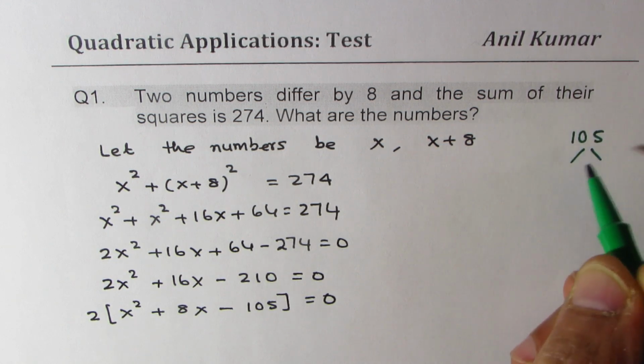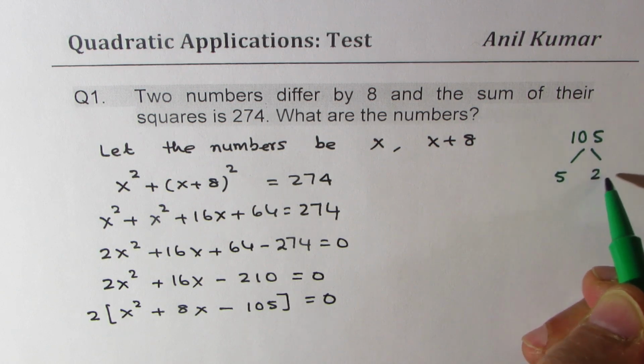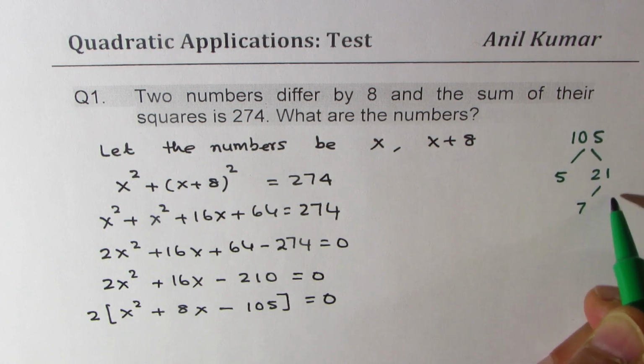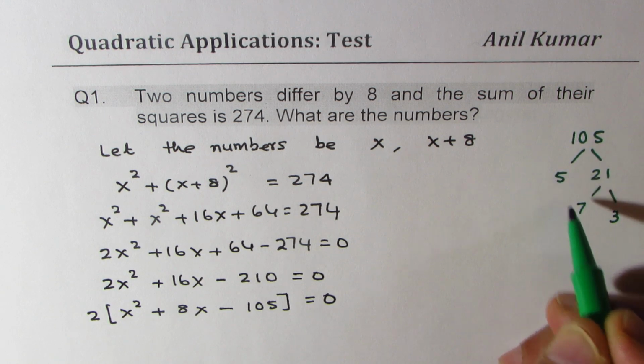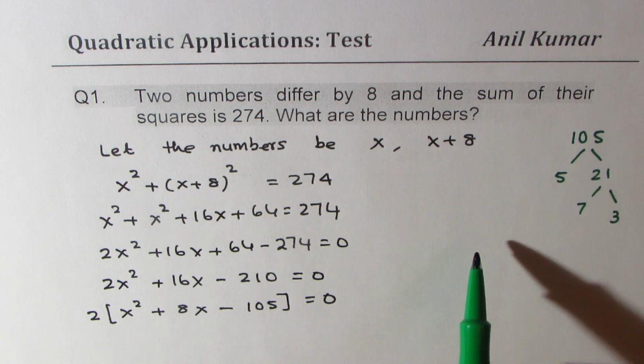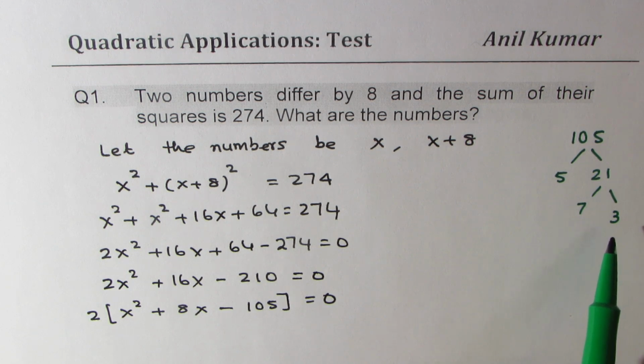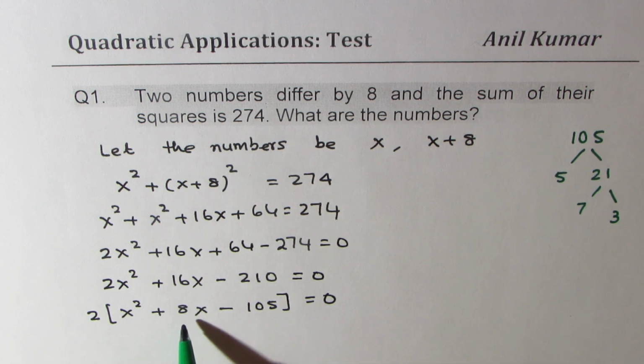A very effective way of factoring such things is that we begin by writing factors of, let's say, 105. So let's write down the factors. Definitely you can divide it by 5, so 5 times 21, and 21 goes 7 times 3. So these are the 3 numbers with which you have to play around. We have to get a negative product, that means sum and difference, positive big number, and what we really need here is 8 as positive.